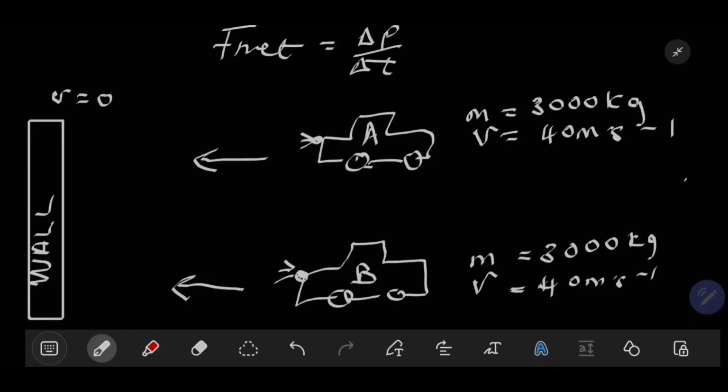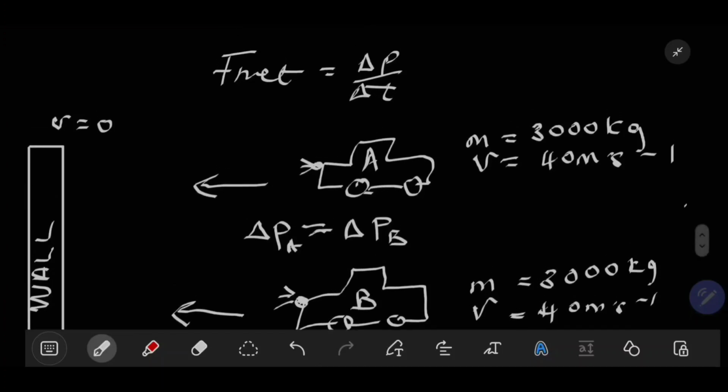Now you realize that the two cars have the same mass and velocity. It means that their change in momentum for car A and car B is the same. So change in momentum for A is equal to change in momentum for car B, because they have the same mass and velocity, even though they are traveling in the same direction.